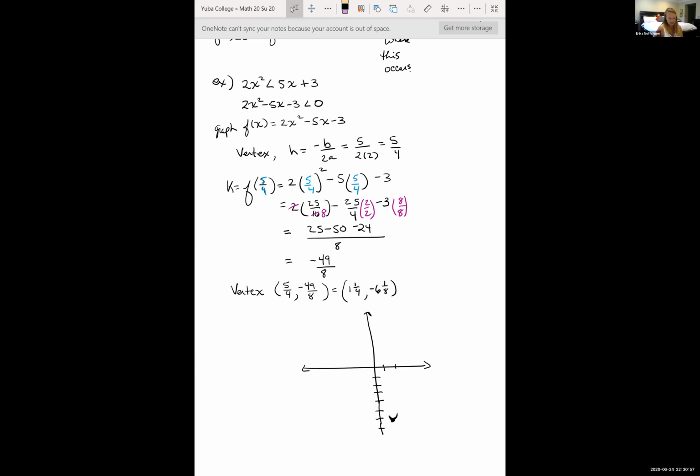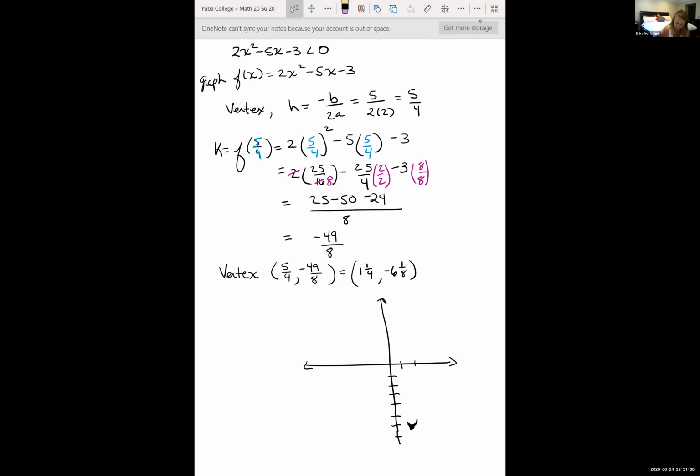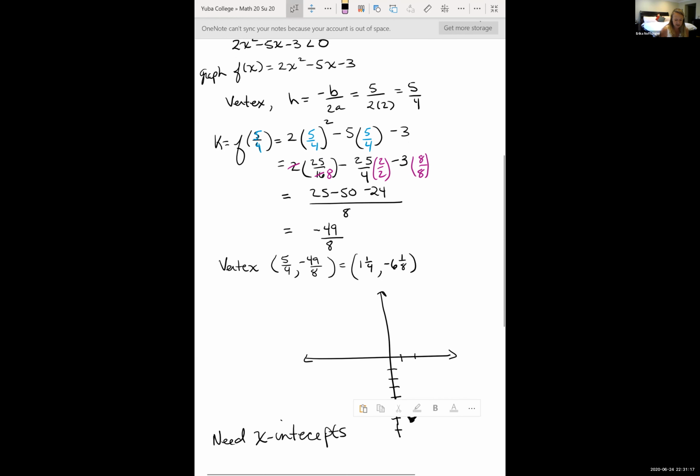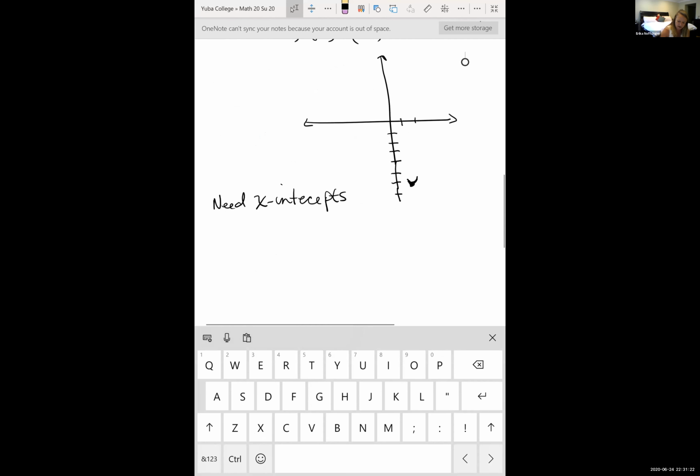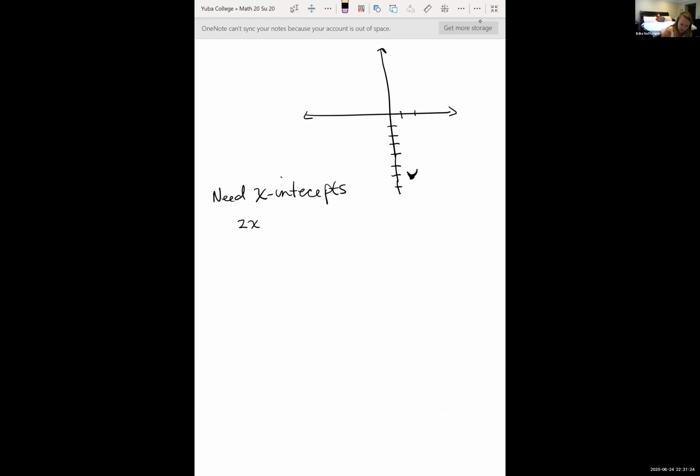So we need to find our x-intercepts. We're looking at when is 2x squared minus 5x minus 3 equal to 0?